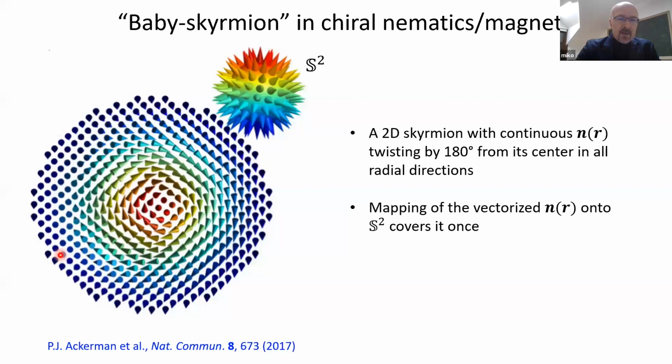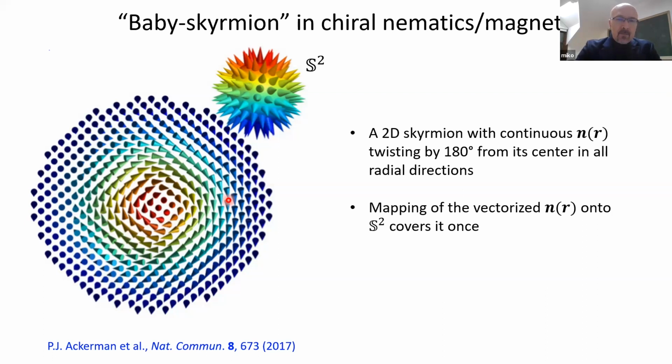So you see here a color-coded representation of the 2-dimensional director configuration. And what is important here is that from the center of the structure, which is color-coded in red, in all radial directions, the director exhibits a twist by 180 degrees.